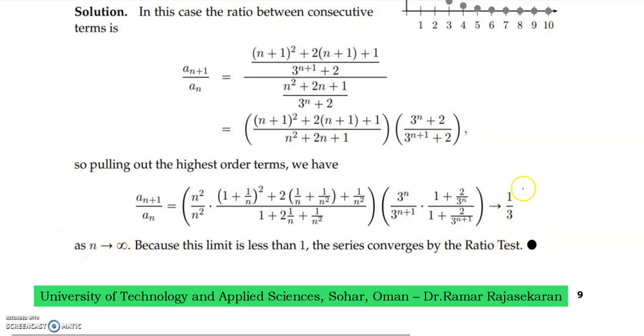This is nothing but equal to L. 1 over 3 is 0.3, less than 1, which means this given series also converges by the ratio test.